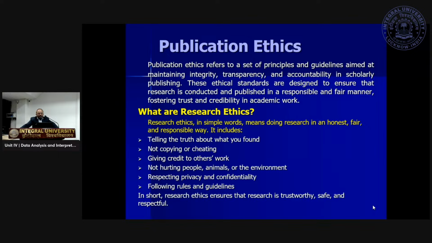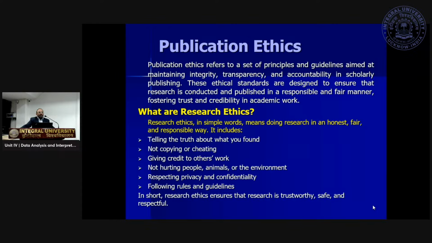Okay. What are research ethics? Research ethics, in simple words, means doing research in an honest, fair, and responsible way. It includes telling the truth about what you found. If you are collecting data, it should not be fabricated. It should be true data.